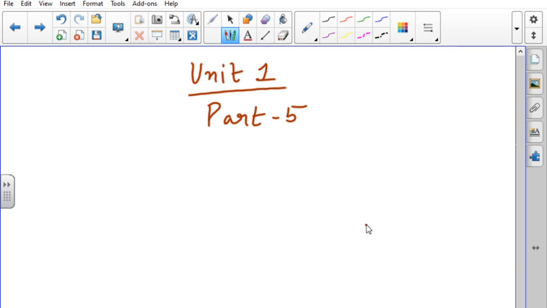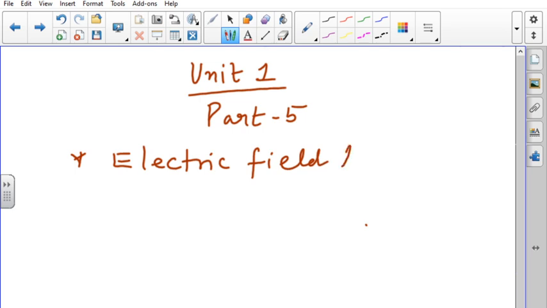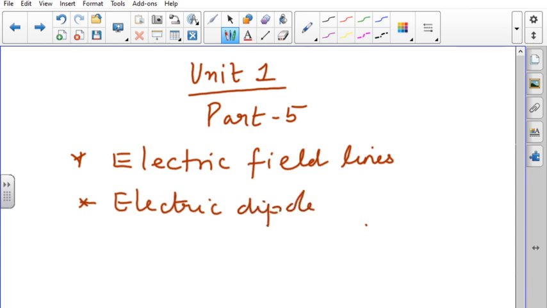Today our session goes with Unit on Electrostatics, Part 5. Our objective today is to learn about electric field lines and electric dipole and electric dipole moment.